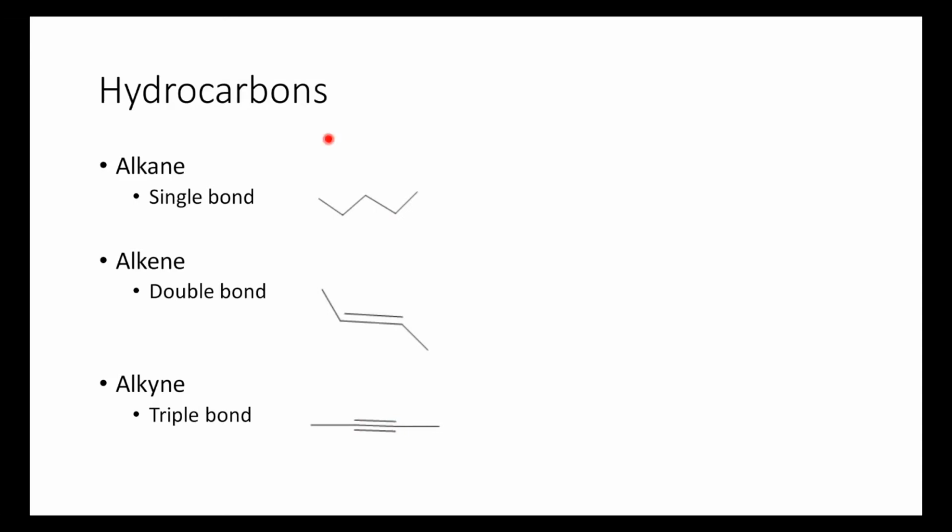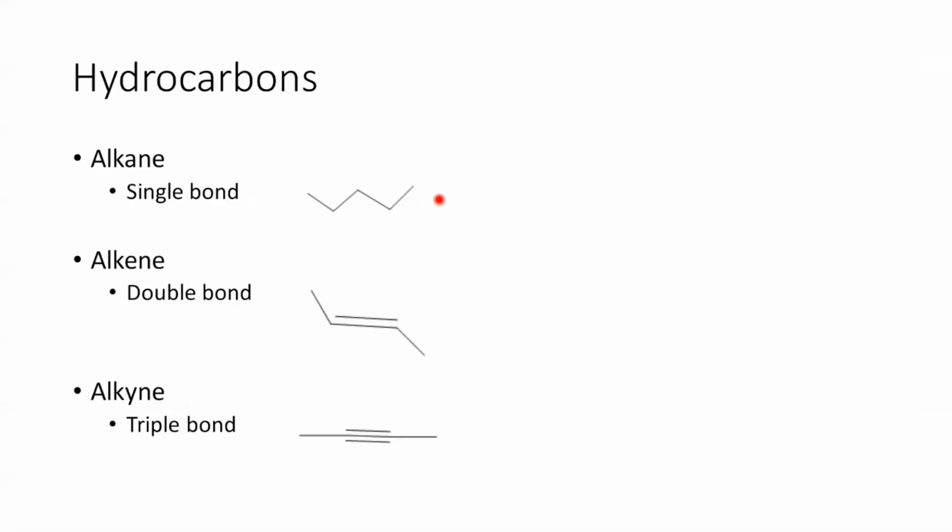Today we're just going to focus on alkanes and alkane nomenclature. Nomenclature is how we name molecules in chemistry. We're going to start simple with alkanes like this, which are unbranched, and I'll explain a little bit more on what unbranched means, but let's go ahead and start with that.